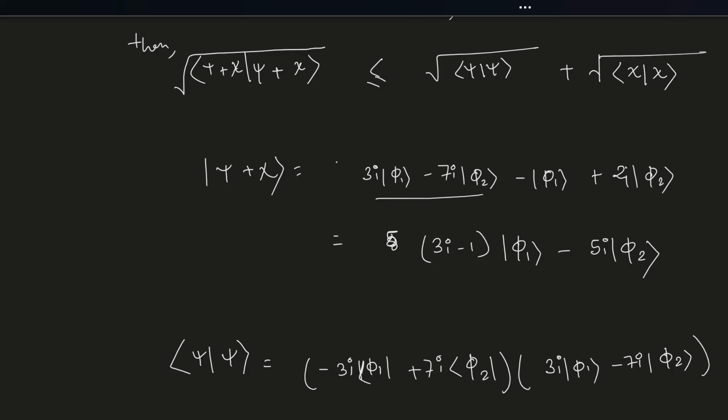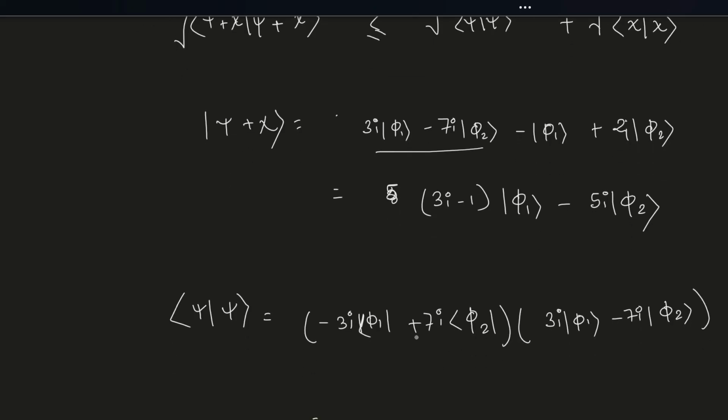So you only have to take items having either both phi 1 or both phi 2, and the cross terms will be 0. So with phi 1 you get minus 9i squared into 1, and then 7i times minus 7i, which is minus 49i squared into 1. i squared is minus 1, so this is plus 9 plus 49, so this is 58.